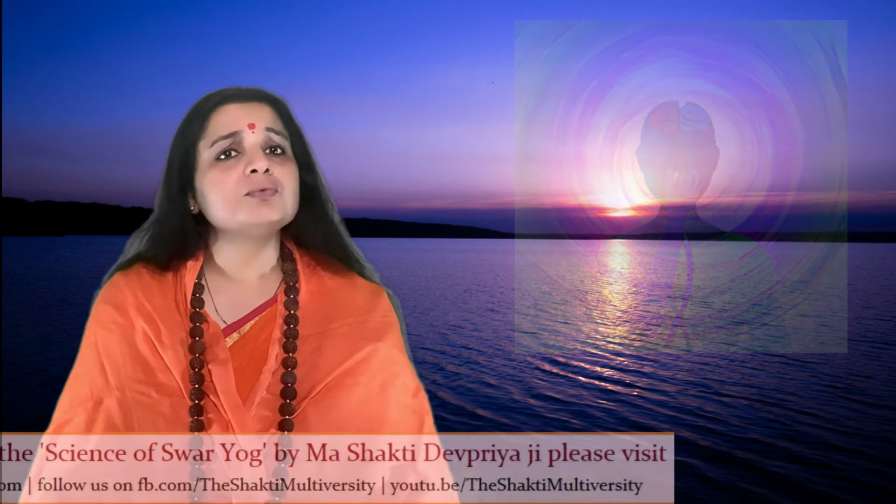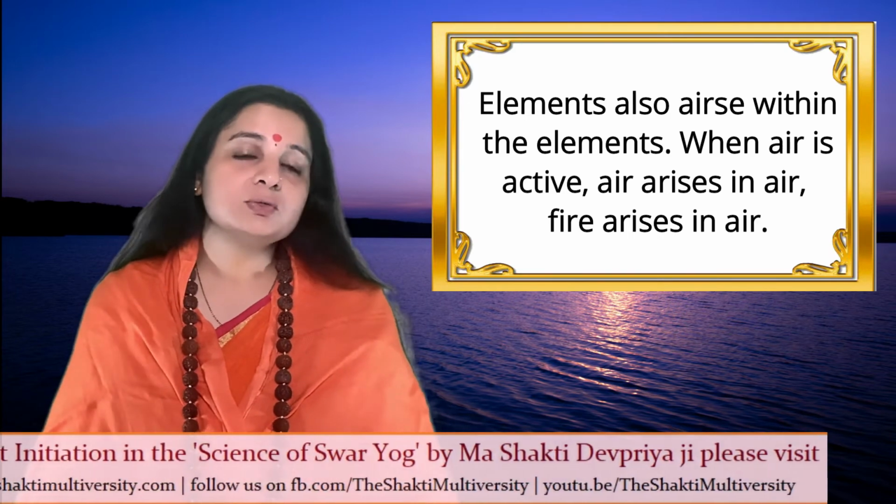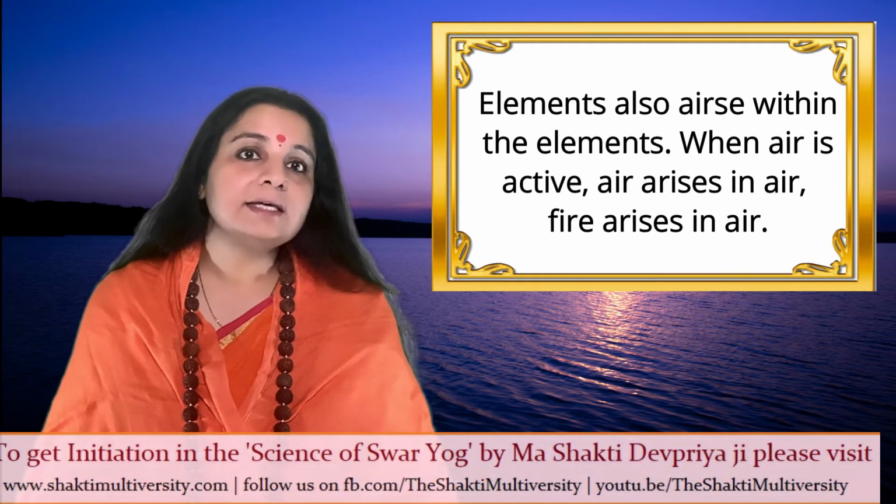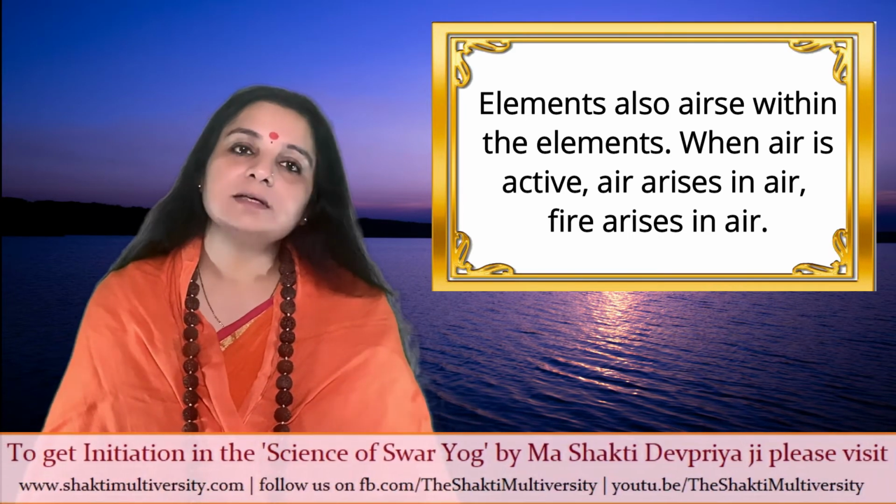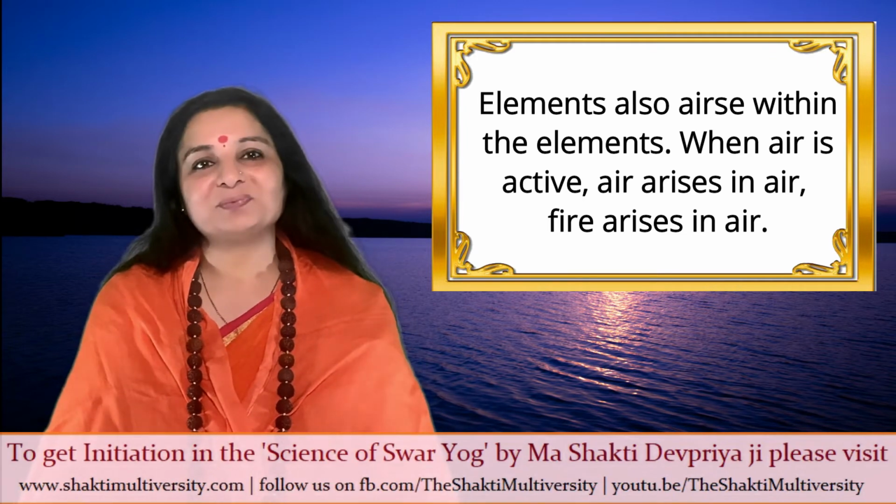Now in this duration of air element, all other 4 elements shall flow for some brief time. So first air arises in air, then fire arises in air. Further, earth arises within air, and then water arises in air. Hope it is clear now.